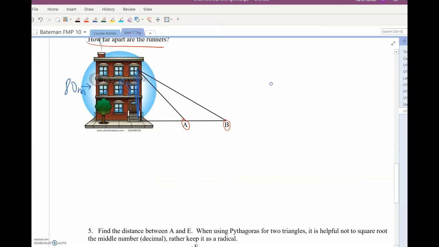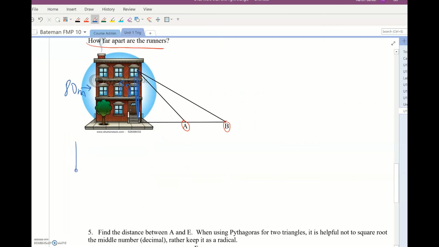So if you want, sometimes it's really helpful to draw the triangle separate. And I'm going to show you that right now. So here is A, okay, and this is going to be 80, and we're going to find X. And then we have B, which is the same height, it's still 80, but we're looking out over to here.